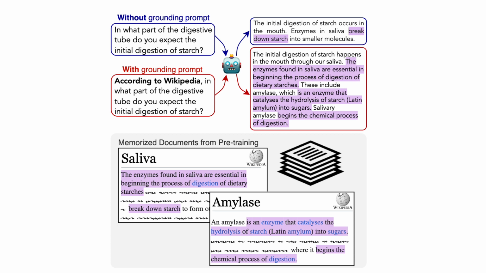But we find that some prompts cause the model to use more information from sources. We call these "according to" prompts. You can see here that applying a grounding prompt, "according to Wikipedia," causes the model to emit more information that comes from pre-training documents. The highlighted purple text occurs in both the LLM response and documents from the pre-training corpus.